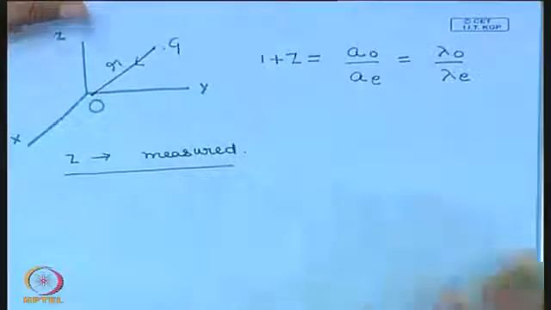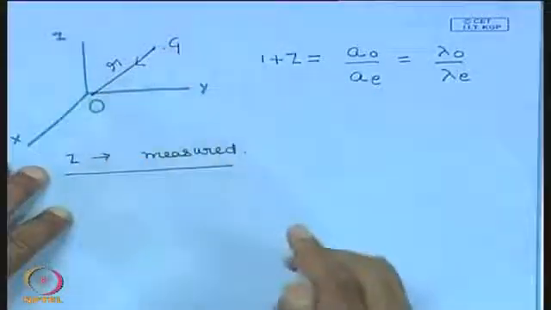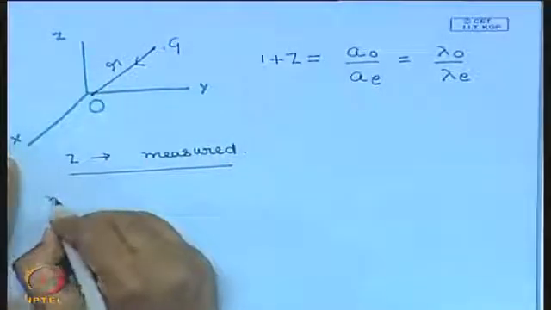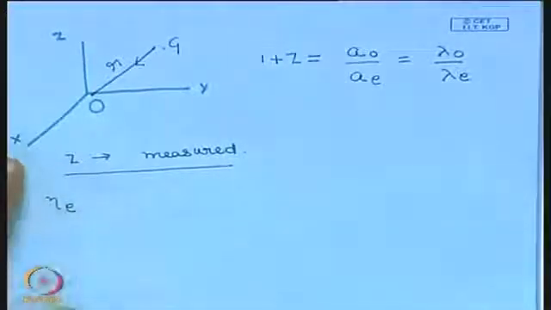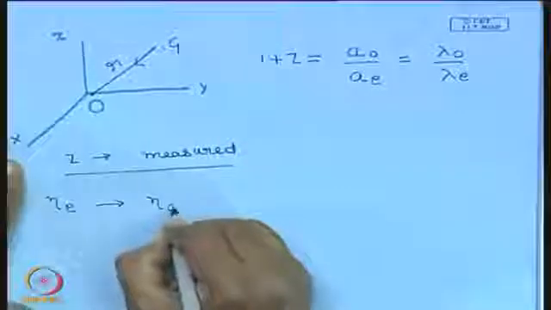Let us first see the relation between the conformal time when the light is emitted, eta emitted, and the conformal time at which it is received, eta observed.